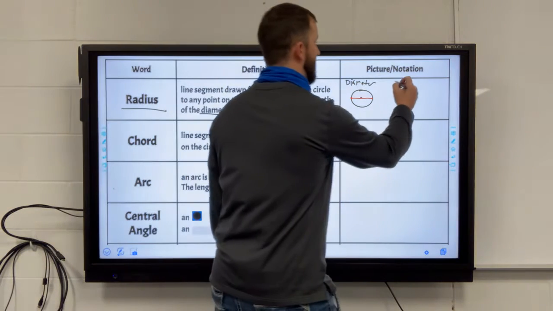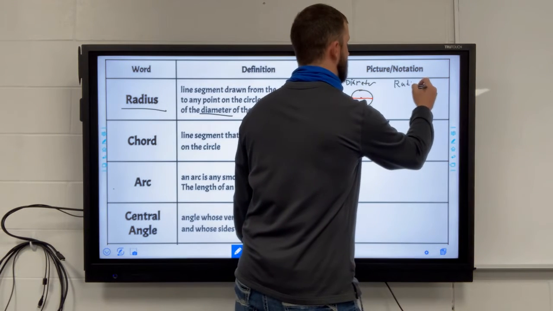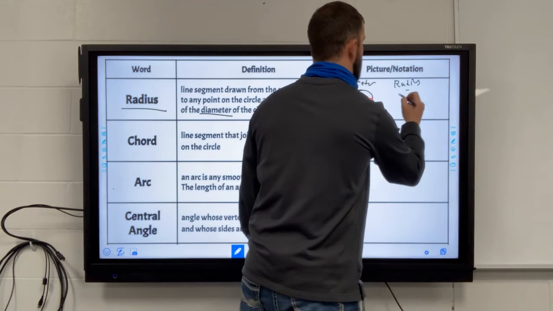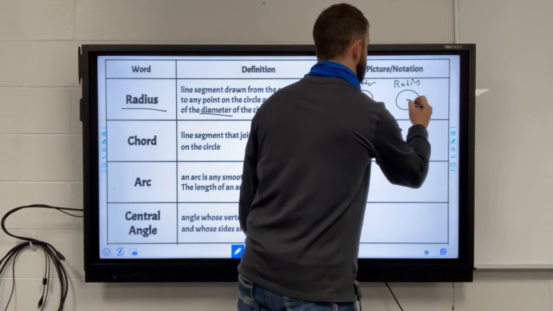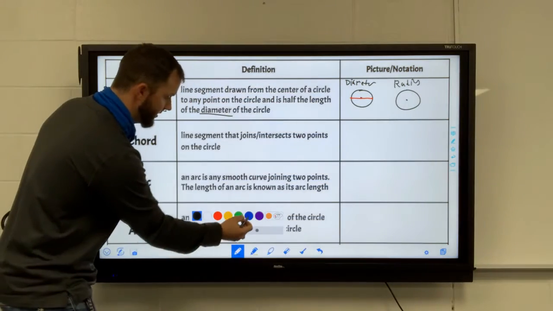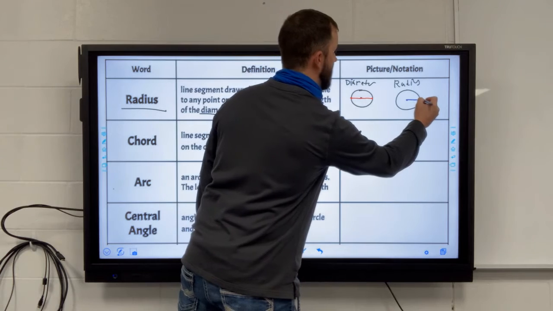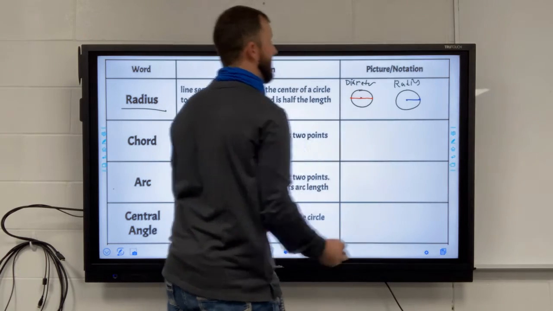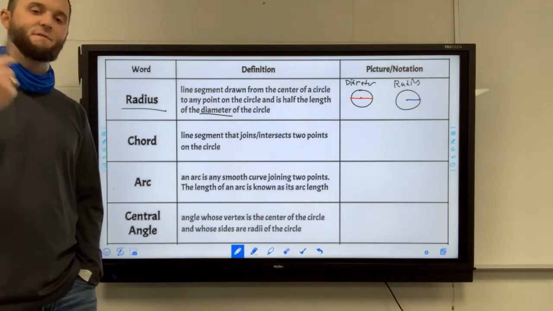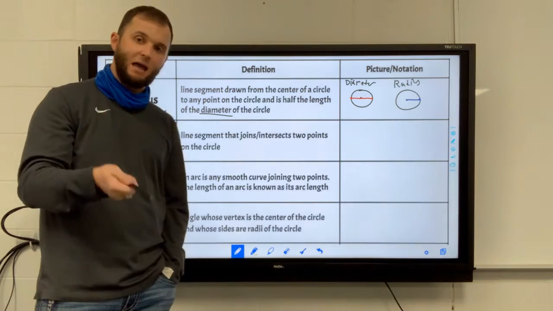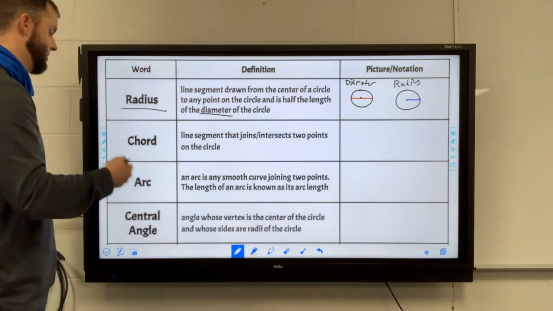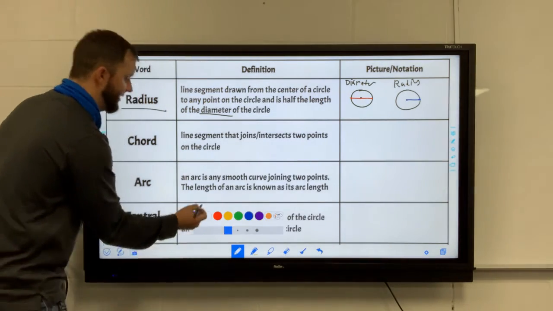So that means my radius over here, I'm going to draw my circle. There's my center. My radius is going to go from the center of the circle to the outside edge of the circle. And again, it's going to be 1/2 the measurement of your diameter, okay? Just so you guys know, these are going to be line segments.